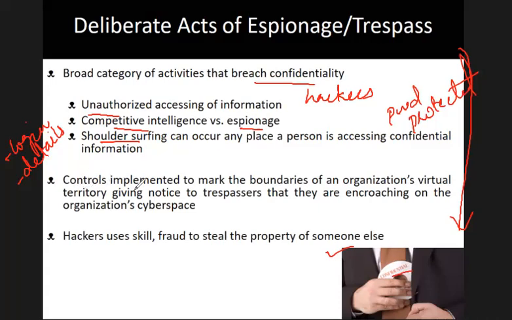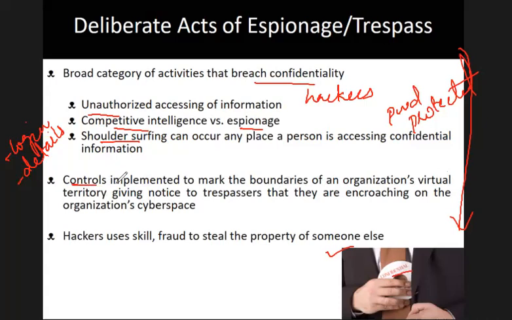The next is controls implemented to mark the boundaries of an organization's territory. You might have different controls at the boundaries of an organization. If a particular organization has different departments where you're going to ensure information security, access is given only to authorized people.